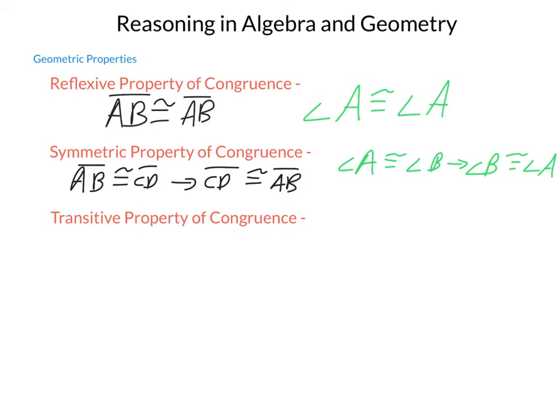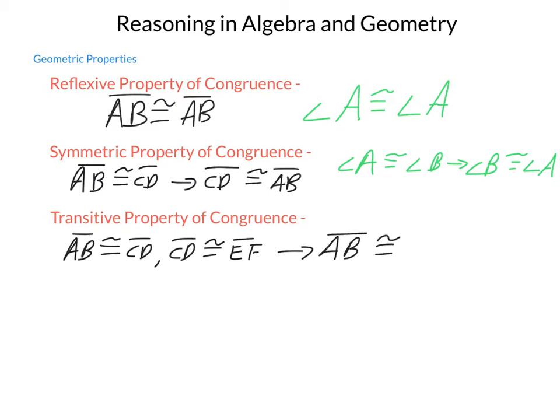When I get to looking at transitive property, of course, as we saw with the properties of equality, this one is a little bit more involved. If line segment AB is congruent to line segment CD, and line segment CD is congruent to line segment EF, then that simply means that line segment AB is congruent to line segment EF.